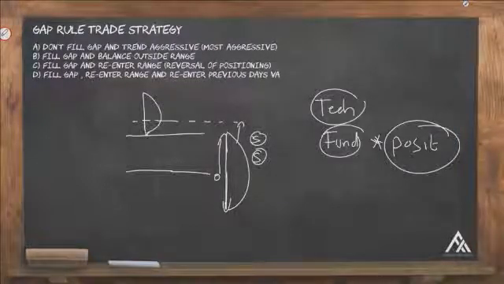Now, by that very token, if people are initiating shorts, but the market cannot go down, it's telling us there's going to be a lot of short-term trapped short positions. And once those short-term positions get squeezed a little bit too far, we tend to get a very aggressive reversal in the opposite direction.